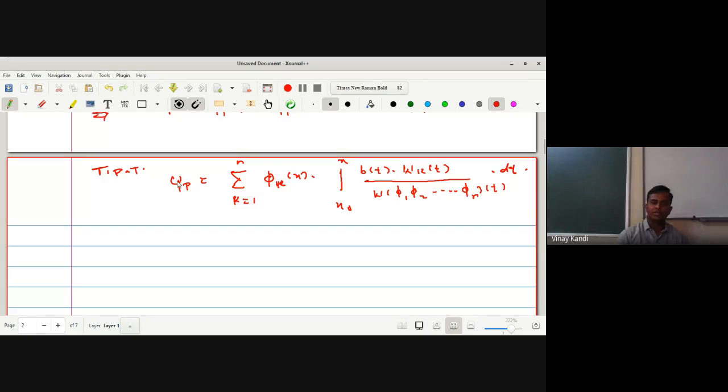We have to do that. This is the value of psi p. A particular solution psi p can be formed by the variation of constants method.